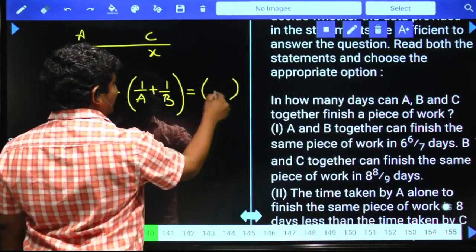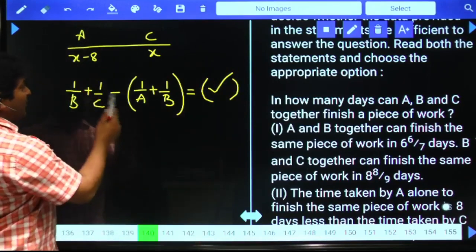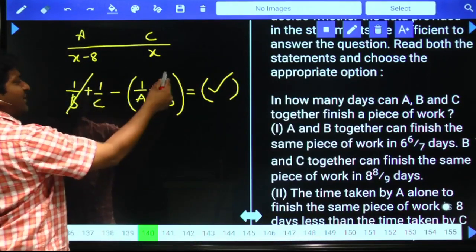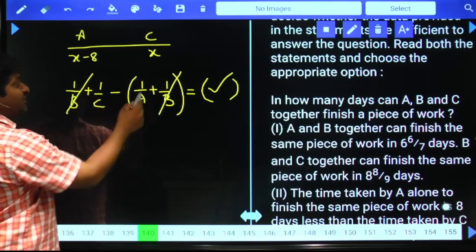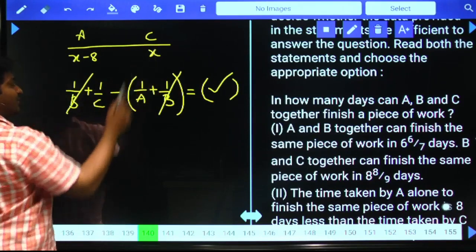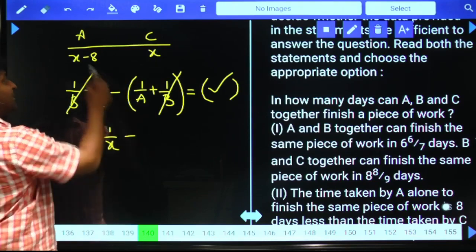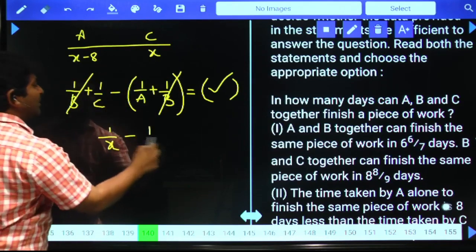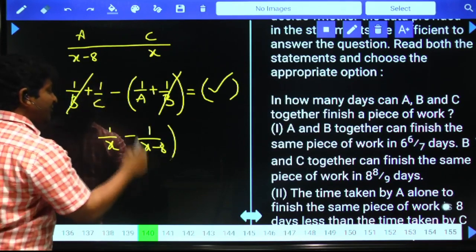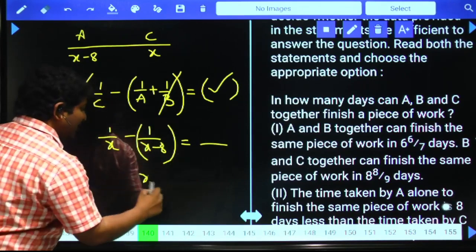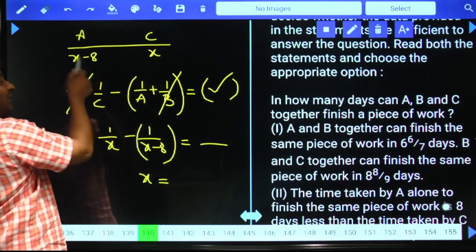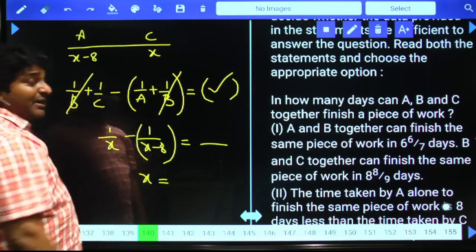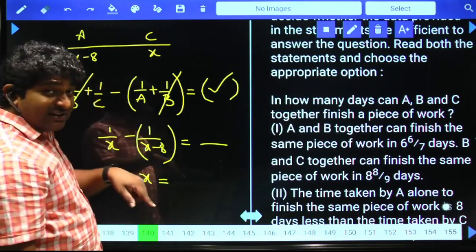Now, plus 1 by B minus 1 by B gets cancelled. 1 by C minus 1 by A, in the sense 1 day work of C is equal to 1 by X minus 1 day work of A is equal to 1 by X minus 8. If you solve this, you'll definitely get the X value. Once you have X value, you can also calculate time taken by A, which is X minus 8.